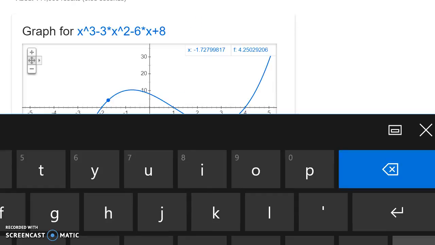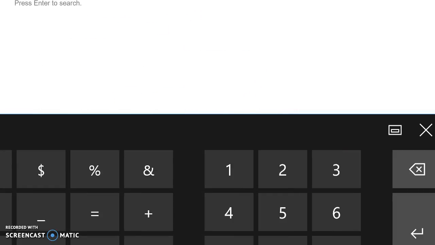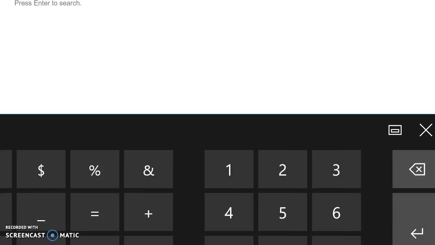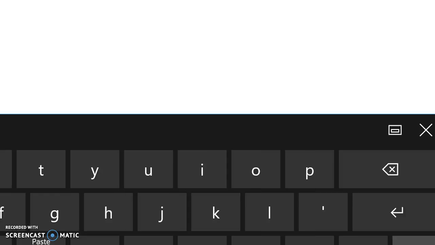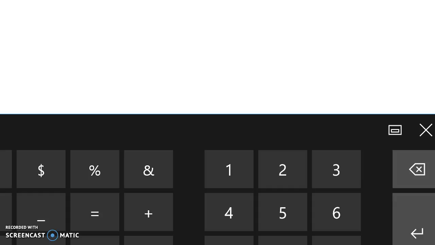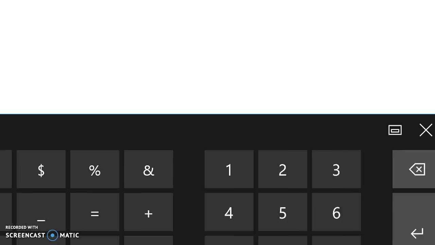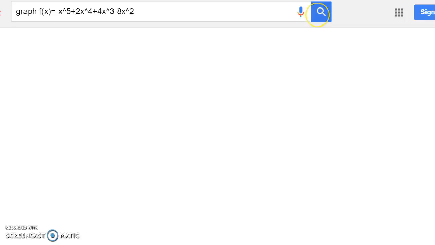Okay, so we're going to get minus x to the 5th, plus 2x to the 4th, plus 4x cubed, minus 8x squared. All right, and then we're going to graph that.